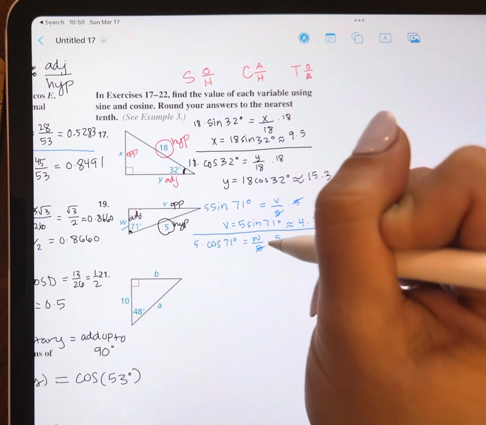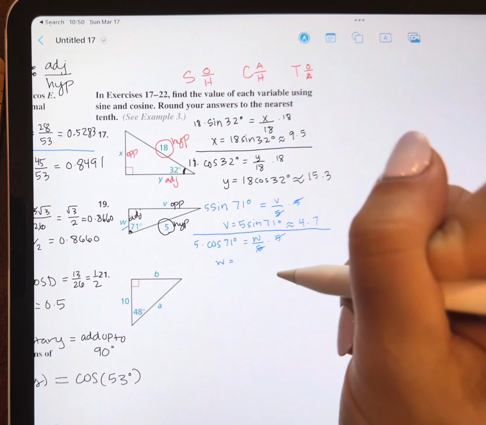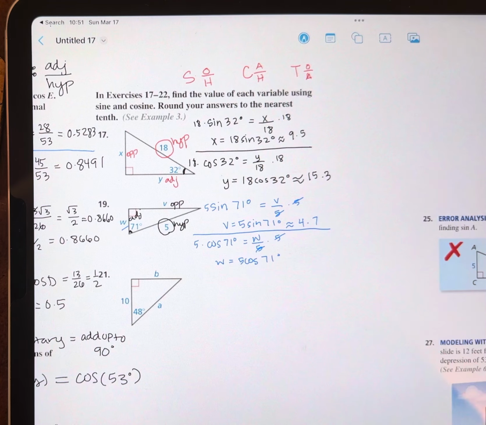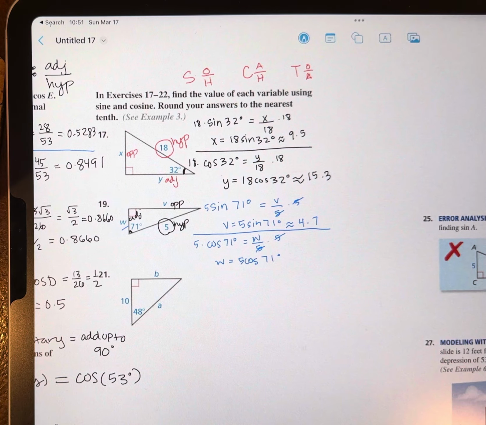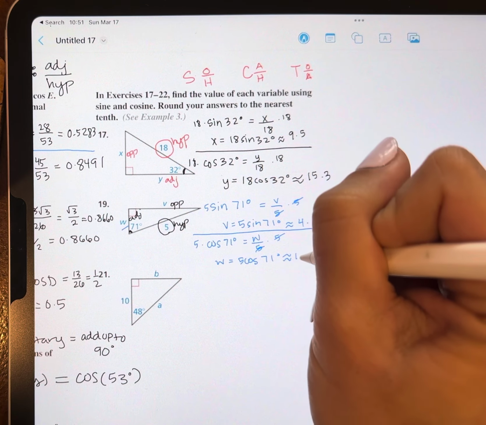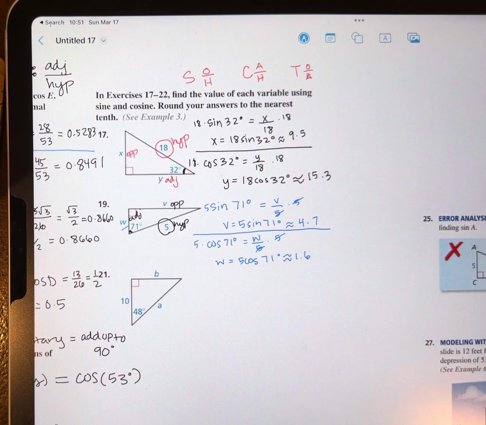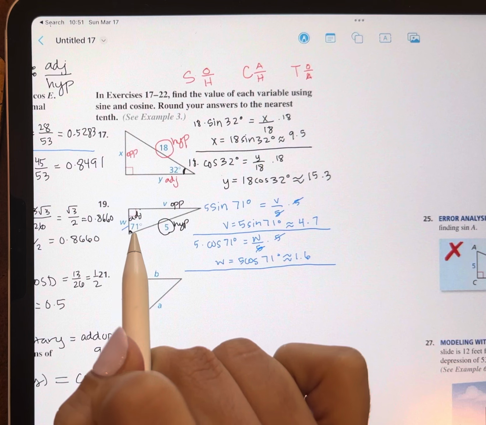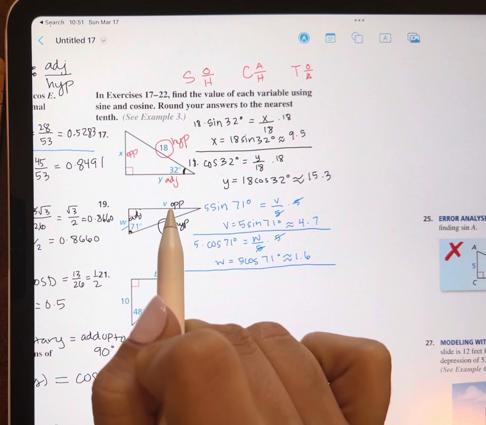I'm going to get w equals 5 cosine 71 degrees. 5 cosine 71. We have approximately 1.6. Which again also makes sense. If this angle is 71, this angle is 19.